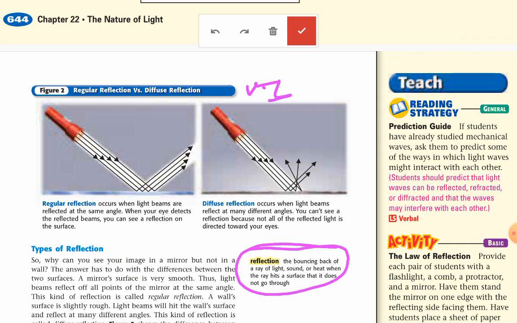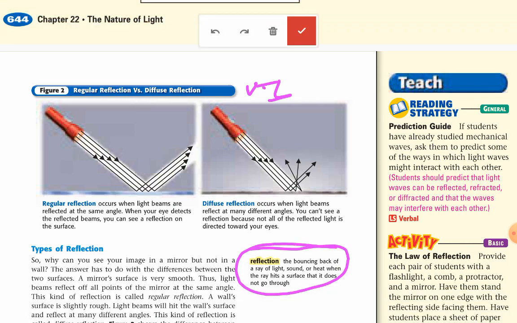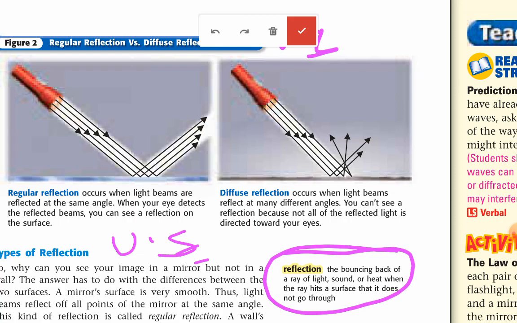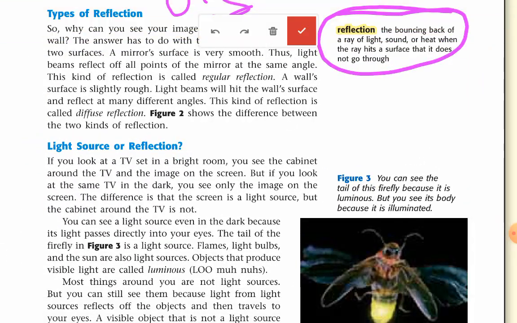Please highlight it. And here write US, and here write US. Figure 3, reading. Don't forget guys, the definition here.